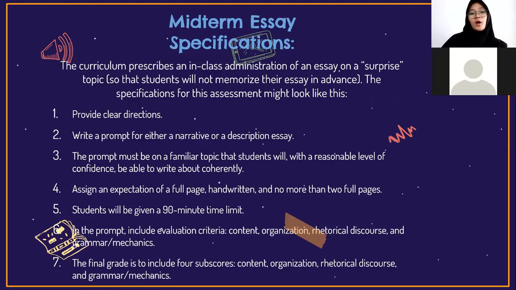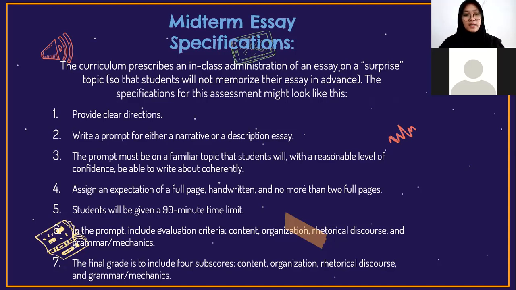Third, the prompt must be on a familiar topic that students will, with a reasonable level of confidence, be able to write about coherently. And next, assign an expectation of a full page handwritten and no more than 2 full pages. Next, students will be given a 90 minutes time limit.